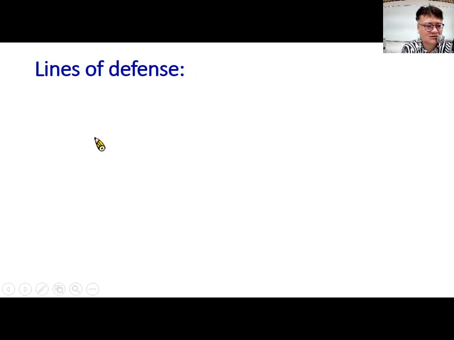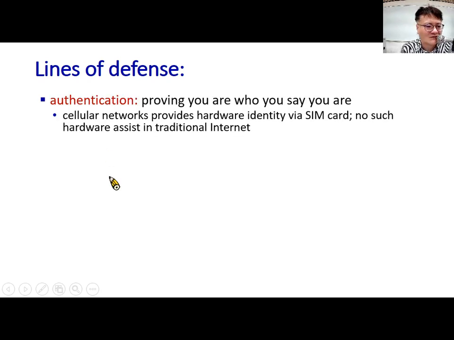So we can see the lines of defense. How can we defend? First is authentication, which means proving you are who you say you are.